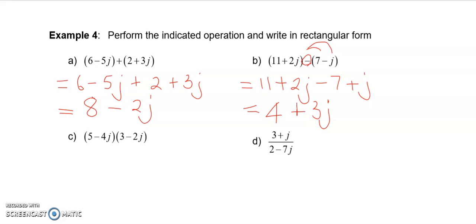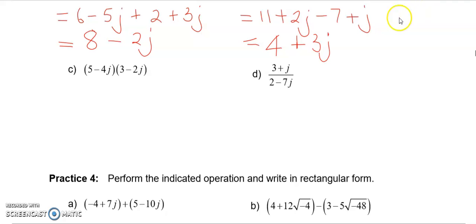Okay. Part C, we have to do a multiplication. Well, remember now that you can treat this exactly the same as if you were multiplying two binomials together. It's not just two multiplications, but in fact there are 4. So we do the 4 multiplications here. 5 times 3, 5 times negative 2j, and then you would multiply negative 4j times 3 and negative 4j times negative 2j.